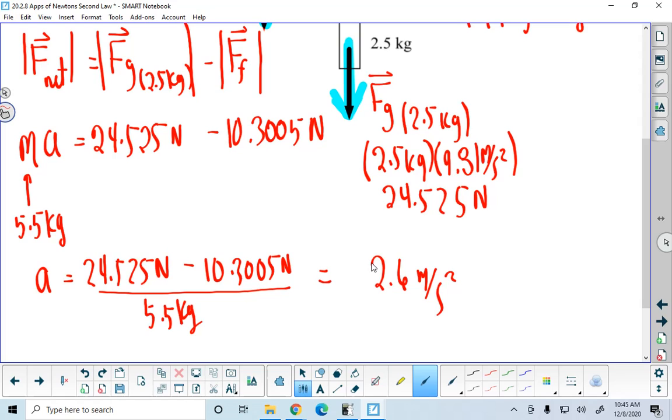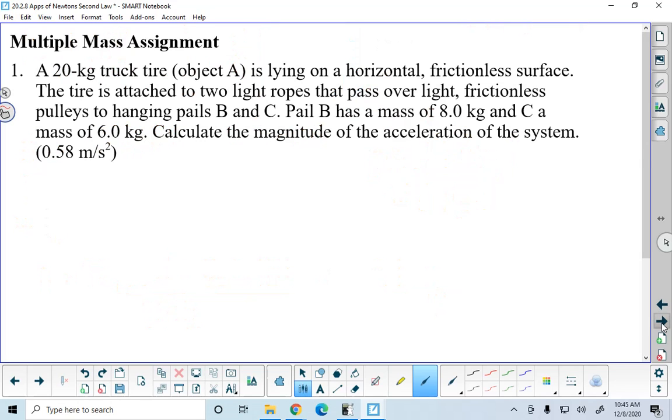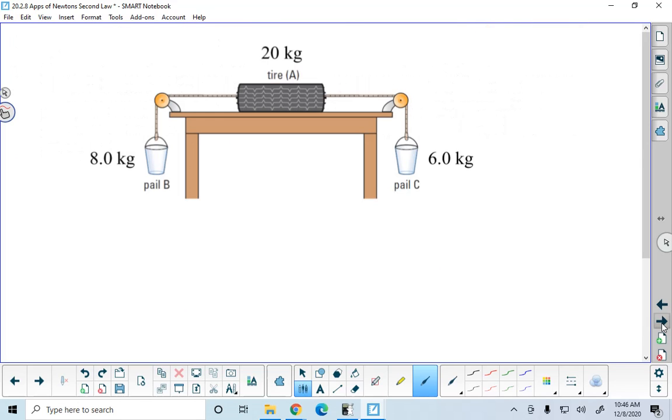Now, admittedly, there is a question here in your assignment that is more complicated. All of a sudden, I've got 3 objects. But just to, so did I use the wrong number for the coefficient of friction?